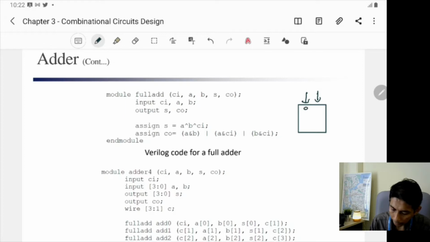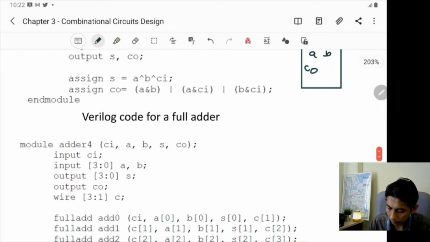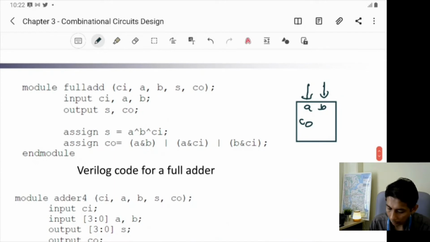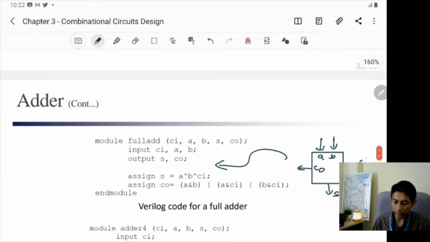The inputs are A and B, and you have CO, the output here, and you have one input called CI and one output called S. So this will be your block for this circuit.